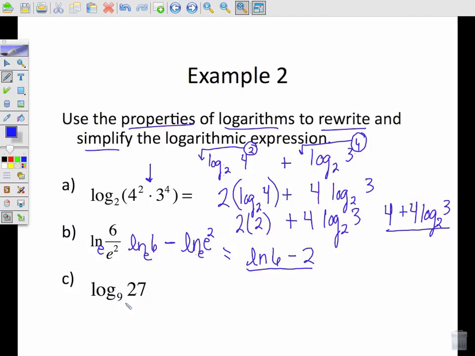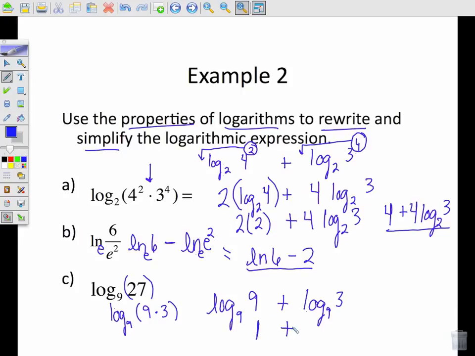All right, last one on this section here, this example 2, log base 9 of 27. So we could think of 27 as breaking it up into the product, log base 9 of maybe 9 times 3. And since that's multiplication, you can do log base 9 of 9 plus log base 9 of 3.